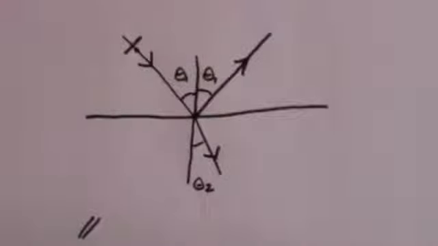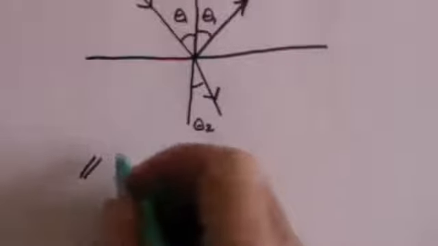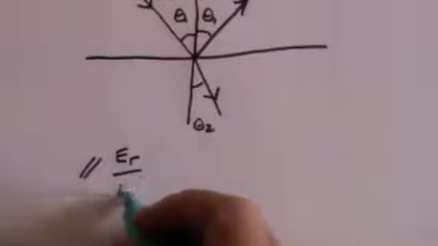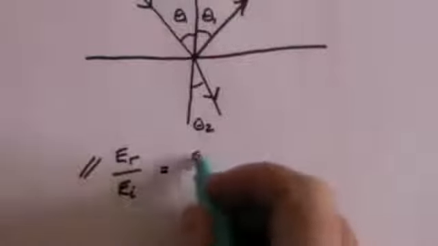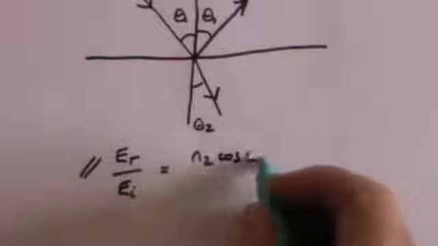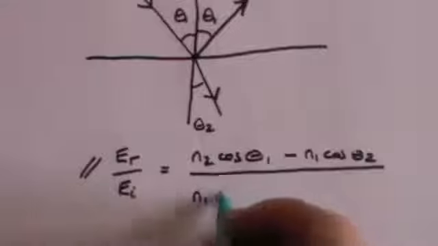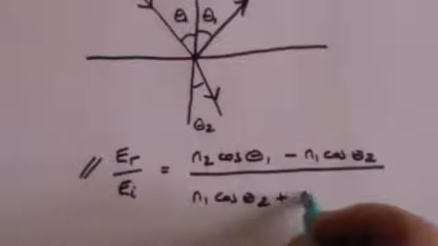And when we did that, we did some calculations and worked out how you could relate the angles theta 1 and theta 2. And we said that for the parallel E field, the relationship of the reflected E field to the incident E field could be given by this equation: n2 cosine theta 1 minus n1 cosine theta 2, divided by n1 cosine theta 2 plus n2 cosine theta 1.